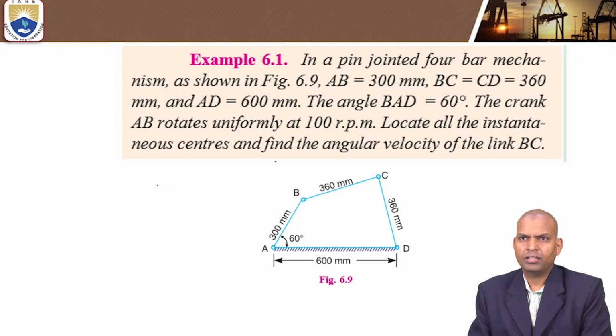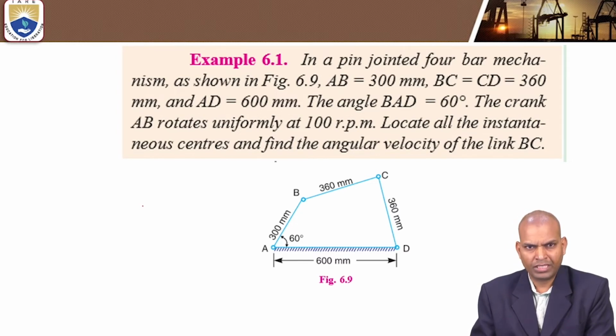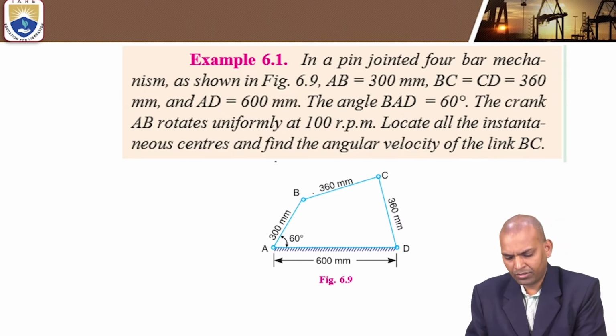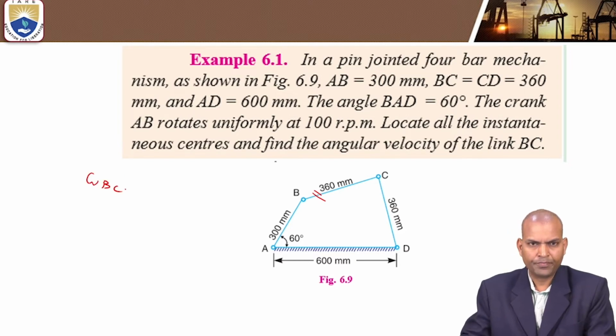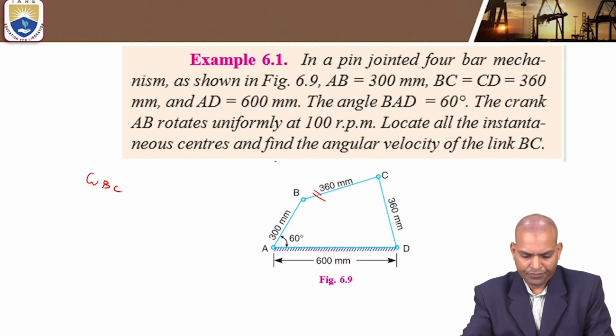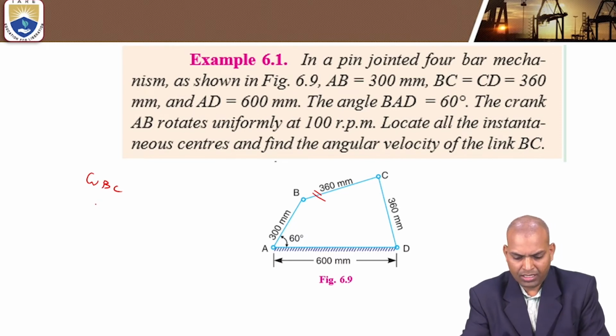So here we have to locate all the I centers, that is instantaneous centers, and also find the angular velocity of the link BC, omega BC. They did not provide anything else, and they have given N of AB.